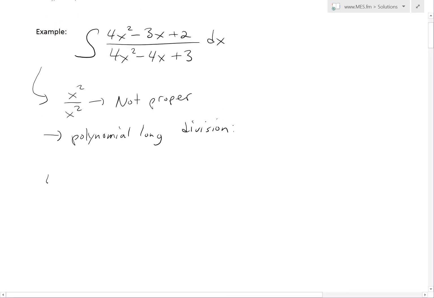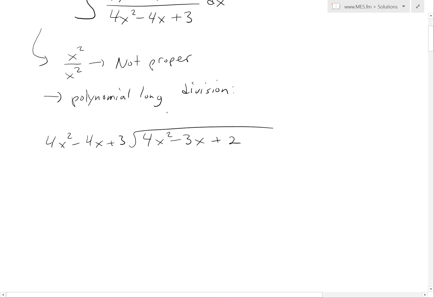So we will write this out: 4x squared minus 4x plus 3, we write the denominator like this. You can see what I've done in my earlier video on polynomial long division, if you need a recap on that. So we put the numerator inside the division symbol, 4x squared minus 3x plus 2. The first step: what number multiplies 4x squared to get 4x squared? That's just 1.